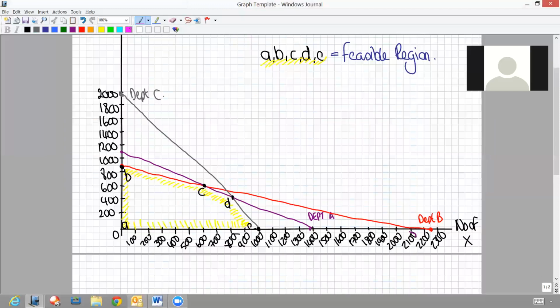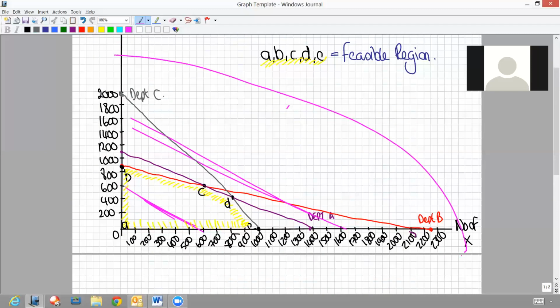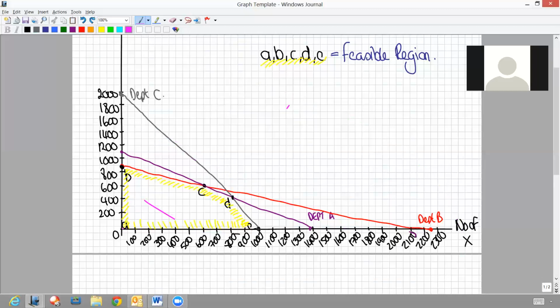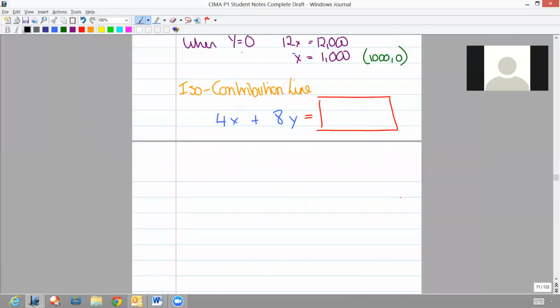So we need to place another line on this graph, and we're looking for a line either around here or around here. Okay, if it's going to go outside the graph, we're not interested, and if it's going to be so small that it's down here, again, that's not any good to us, and you'll see why in a moment. So you assume a contribution. You can start with anything. I'm going to use 3,200.